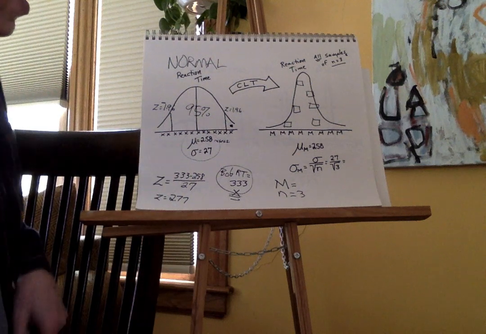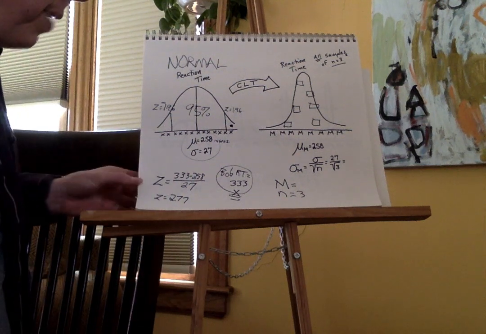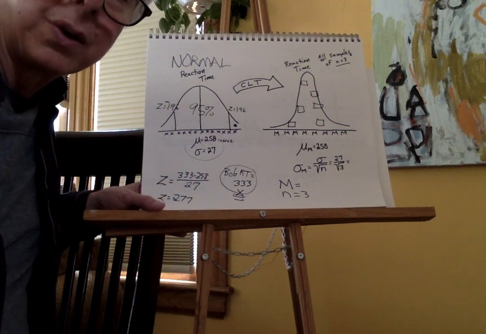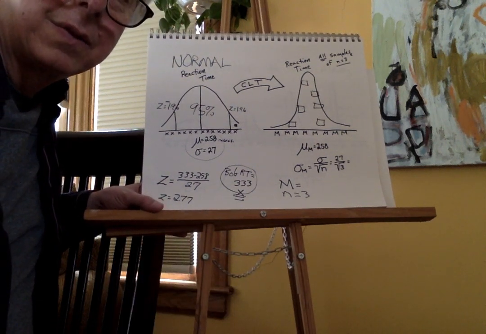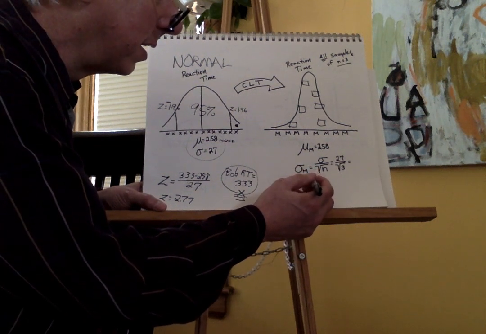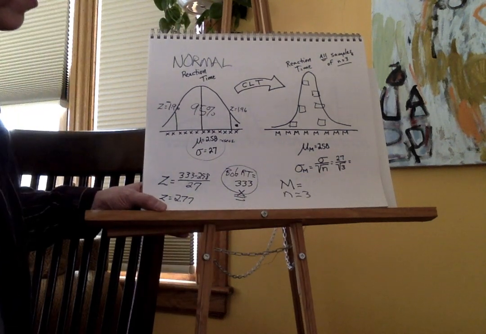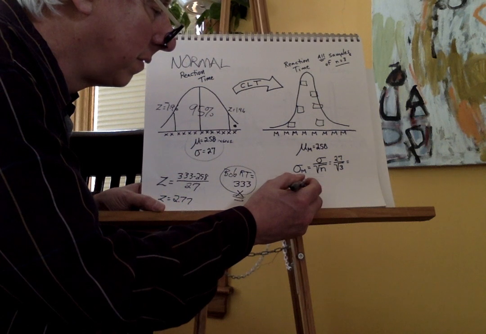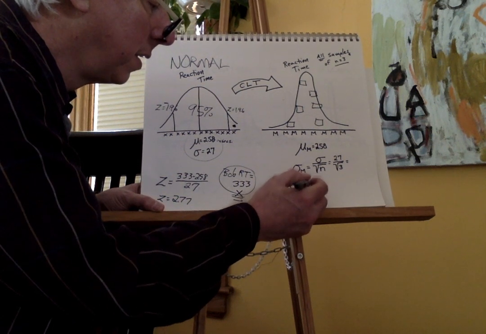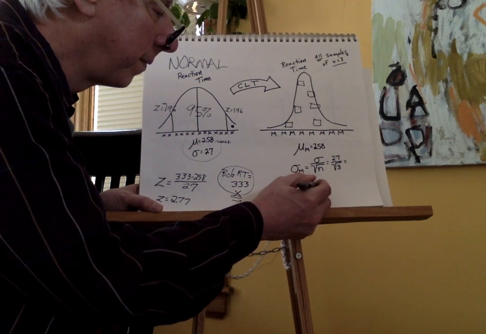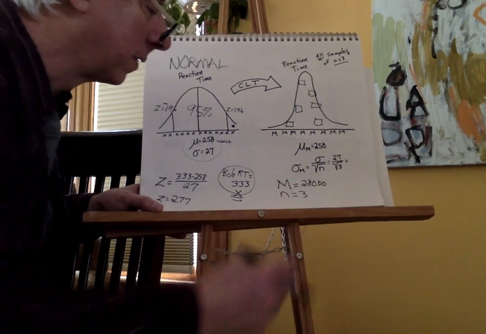Let's suppose that Bob's average for 3 trials, I'm trying to do some back calculation here, okay? Let's say his average is 280.00, okay?